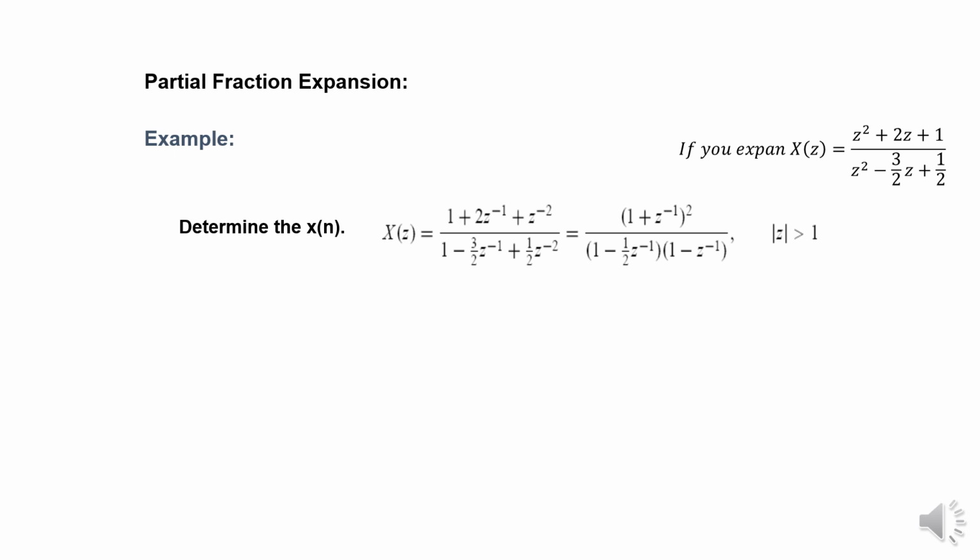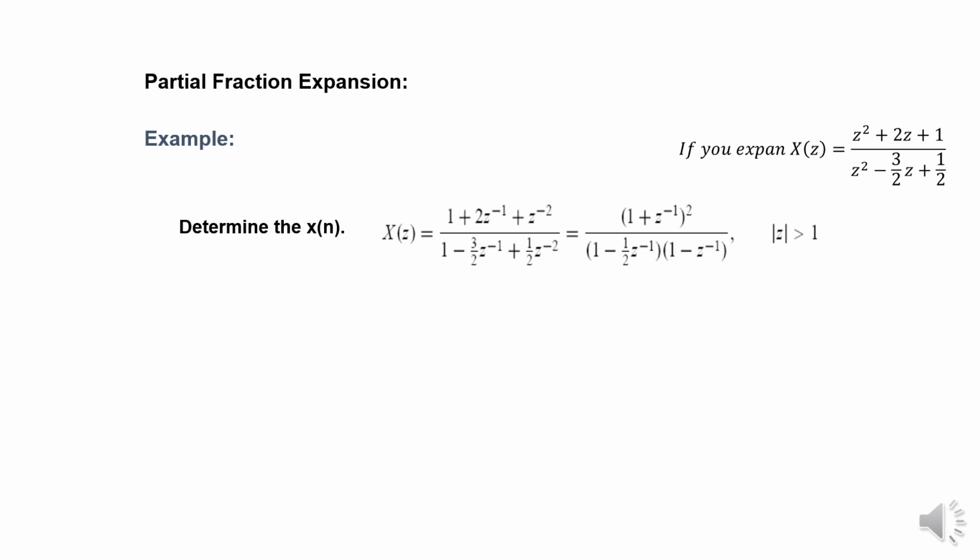In this X(z) we can write 1 plus z minus 1 squared divided by 1 minus 1 over 2 z minus 1 into 1 minus z to the power minus 1. You may wonder how I found the factors.